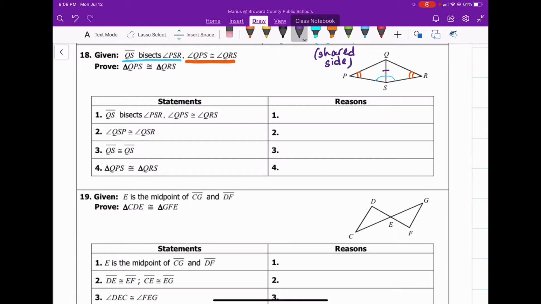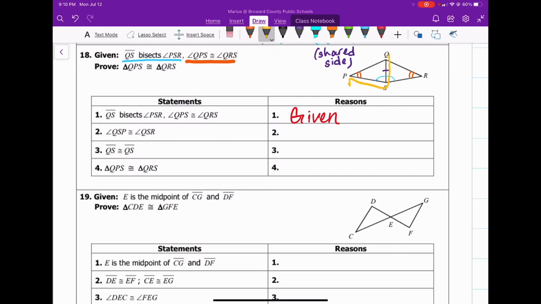All right, now we need to just go ahead and put our reasons. For number one, anytime you do proofs, it is always going to be given. That's given information, that's what they gave us. Number two, angle QSP is congruent to QSR.